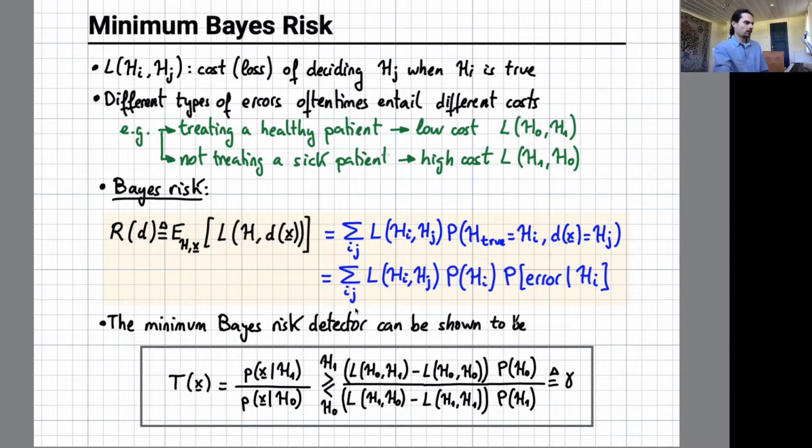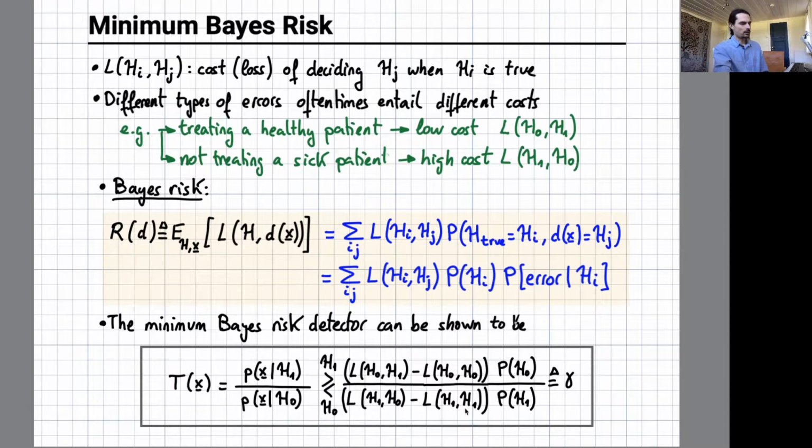And it can be shown that the decision rule given by this expression minimizes the Bayes risk. So again, we have here a likelihood ratio compared with a threshold, right?